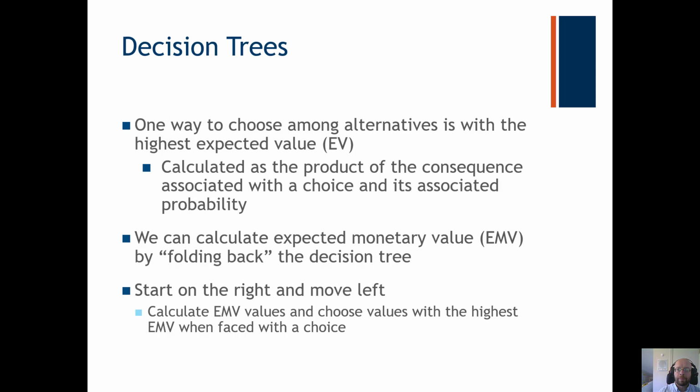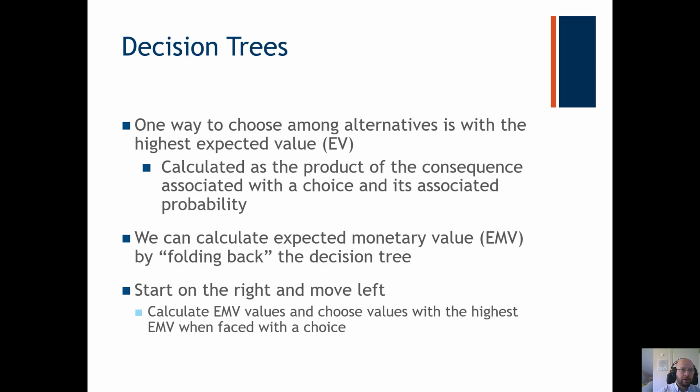One way you might choose an option is by deciding which option gives you the highest expected value. Given the decision that you make, what does that decision result in, and does it result in the largest expected value? This is what decision trees are all about.